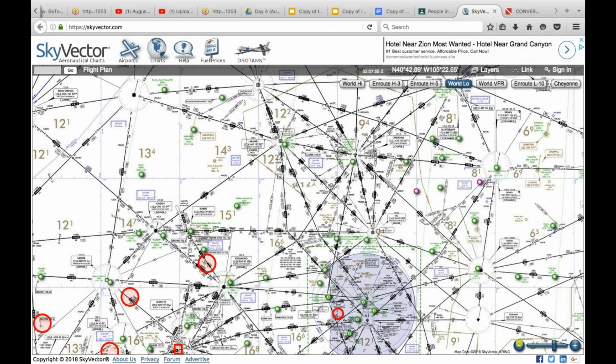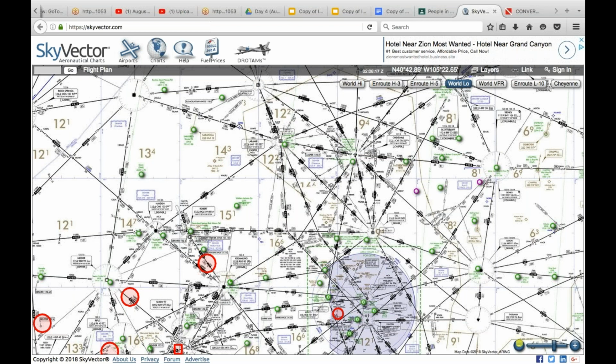So even with those problems, air traffic control is aware of what the problem is, and they'll guide the pilot. They give them what they call vectors, where they'll say, fly a heading of 250.